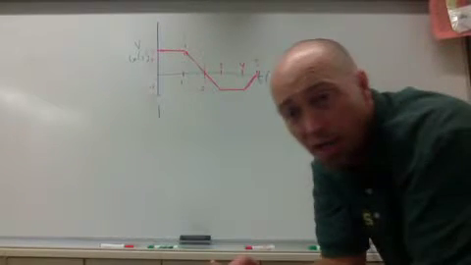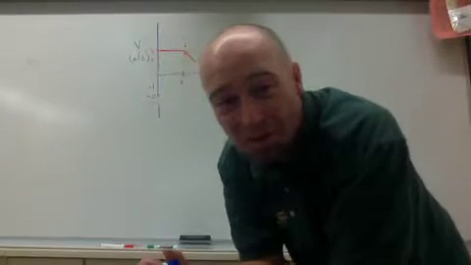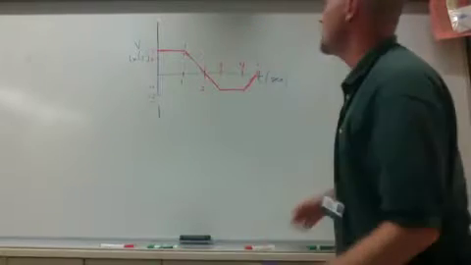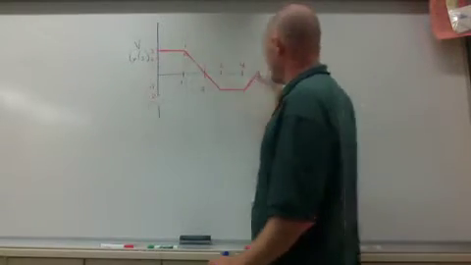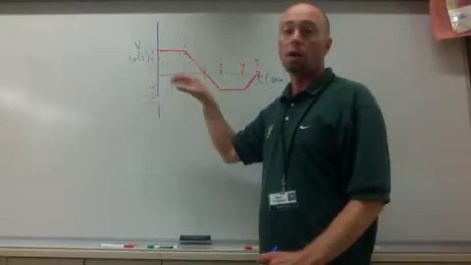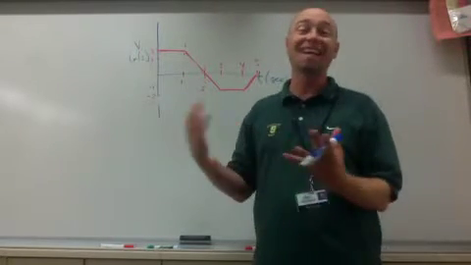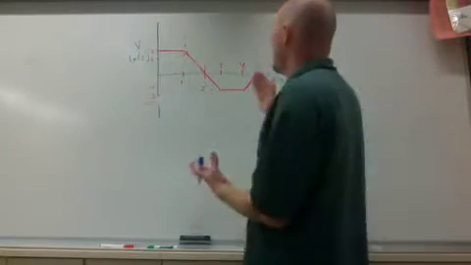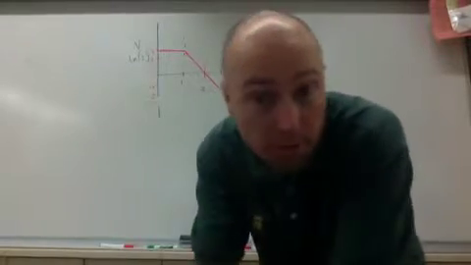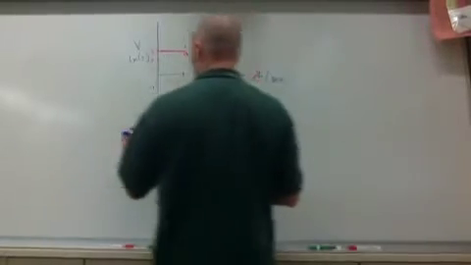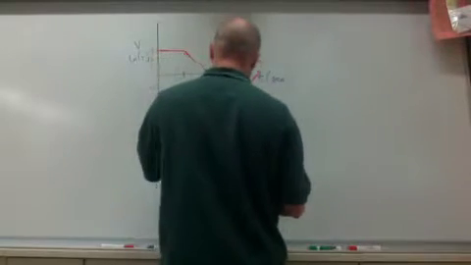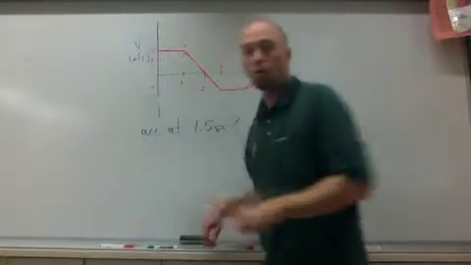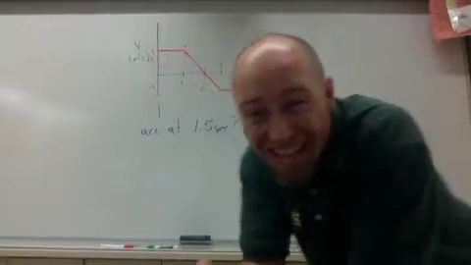So some questions that I might ask would be something like, hey, if you have this graph, what is your acceleration at 1.5 seconds, for example? So let's say there's a question like that.